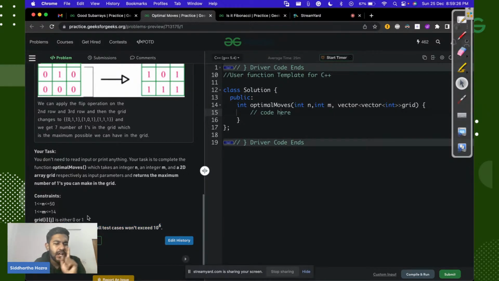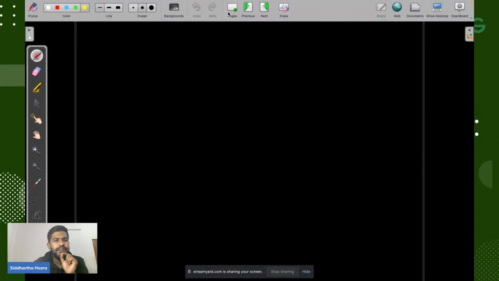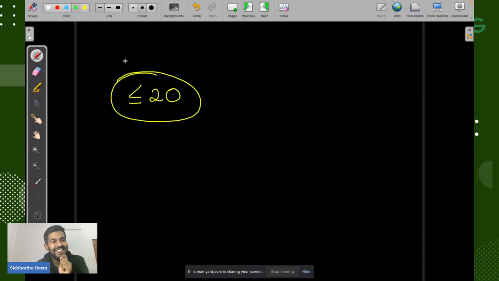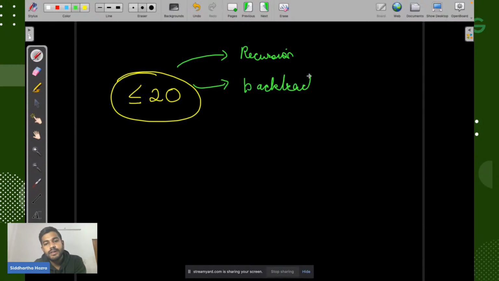Suppose this is not given. So I would give you a formula. The mantra is that whenever in an online coding assessment test or in an online contest you see that the constraints are less than 20, then the solution is recursion, then the solution is backtracking, then the solution is bit masking, or to be specific, power set.